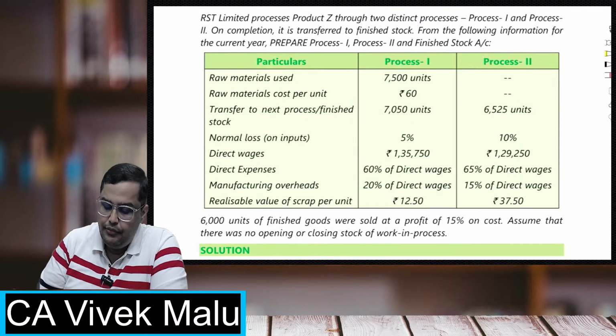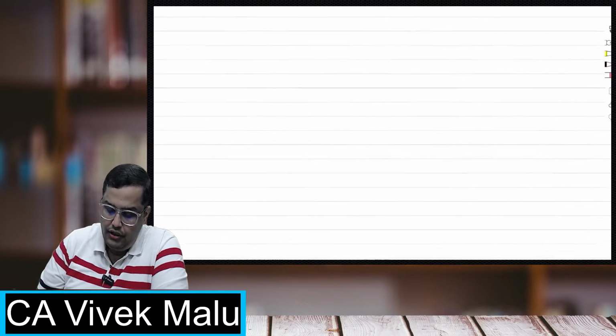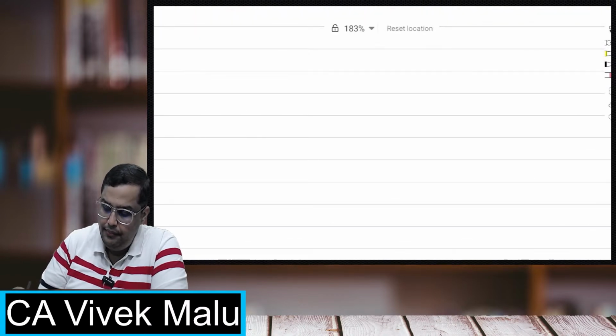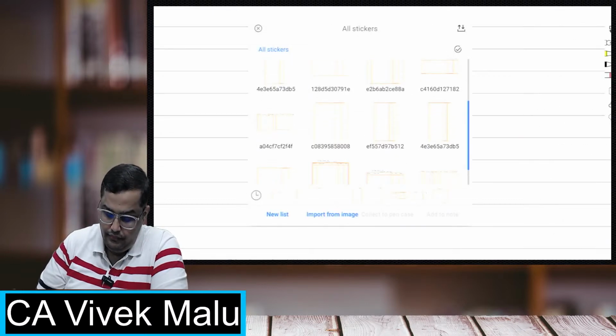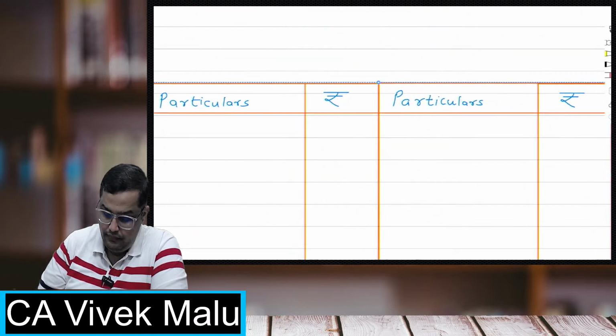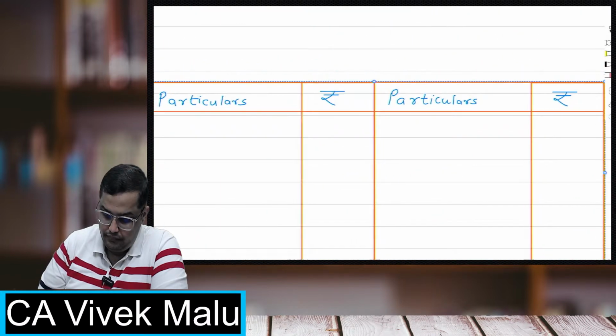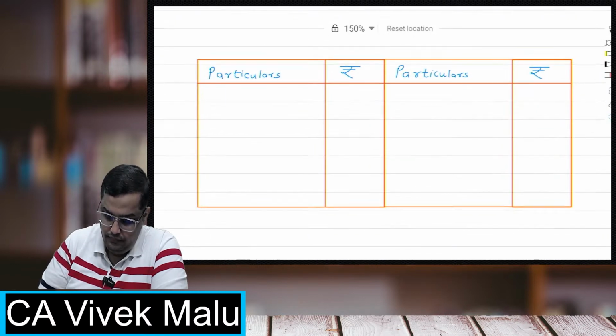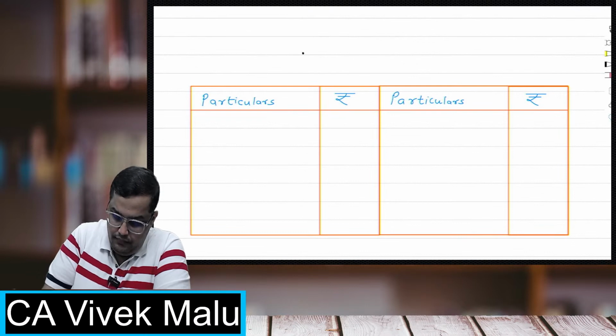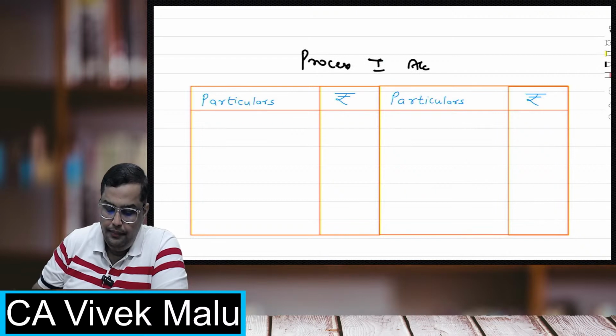Now, let us try to make the process 1 account and see how it works. Come on, students, you will also start making it with me. Let this be the process 1 account. I'll require 3 columns: particulars, units and rupees.